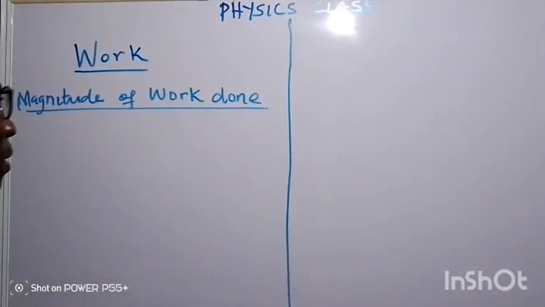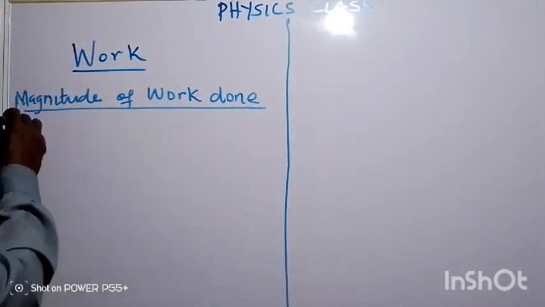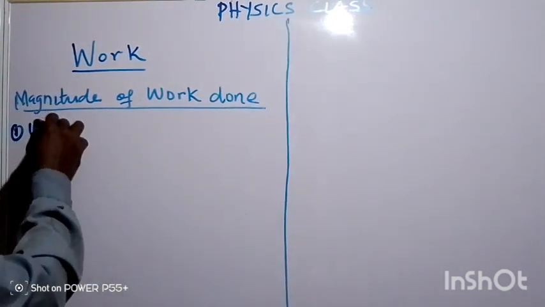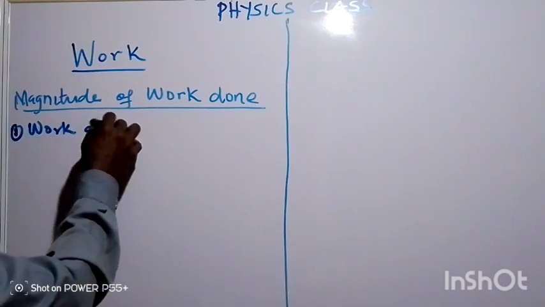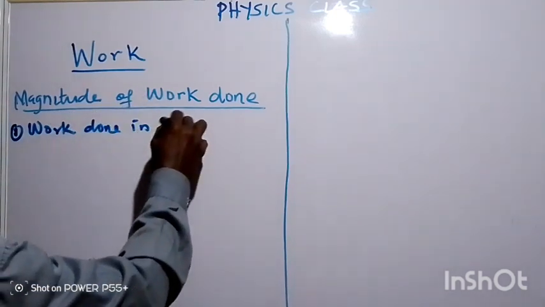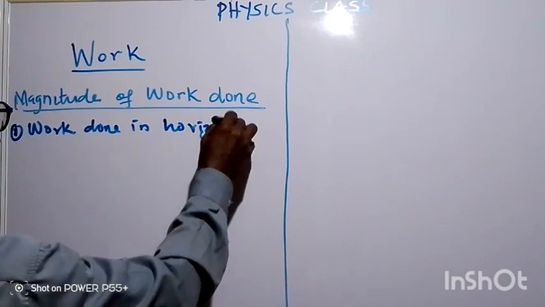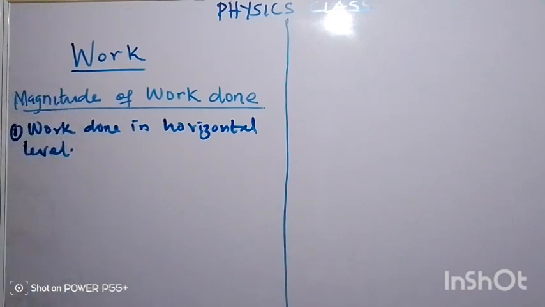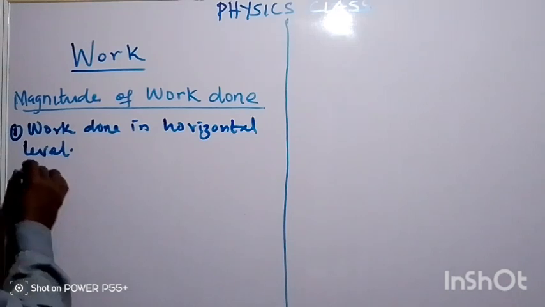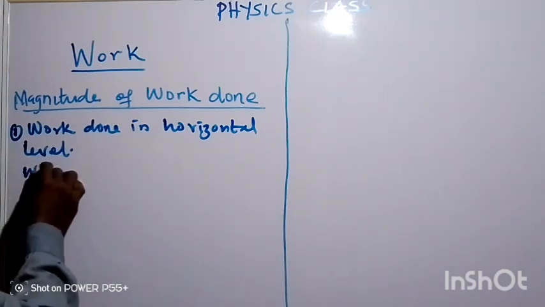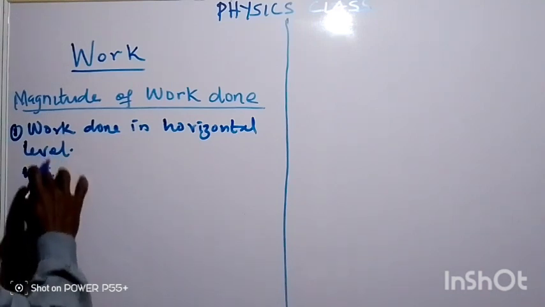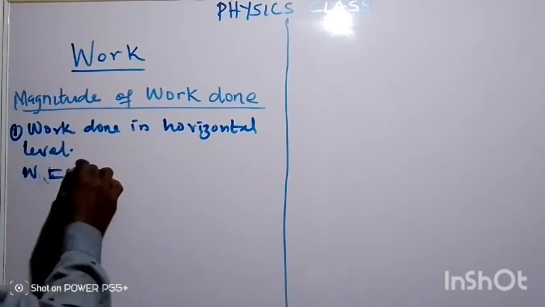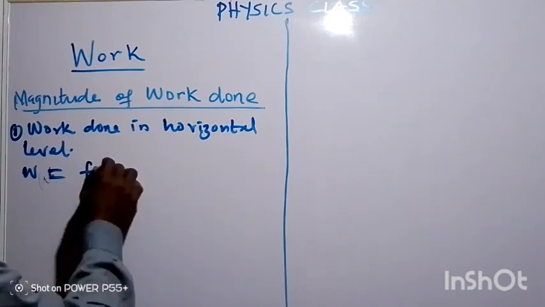The first one we are going to look at is work done in horizontal level. The magnitude of work done will be equal to F, that is force, multiplied by displacement.